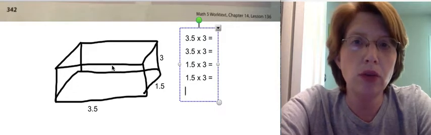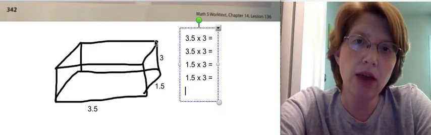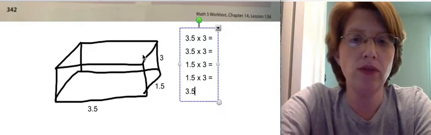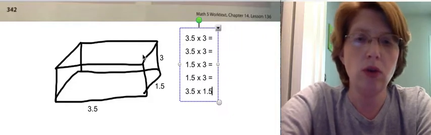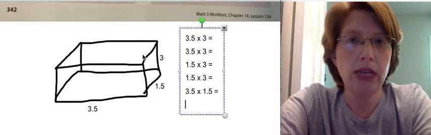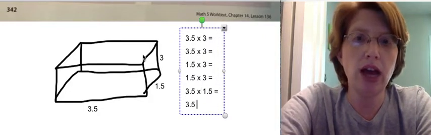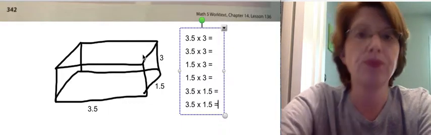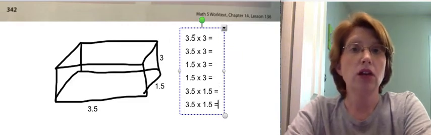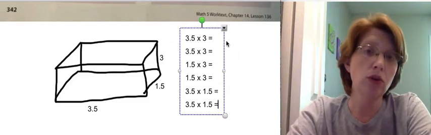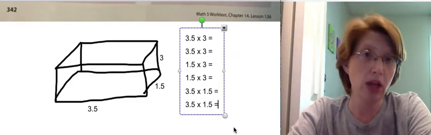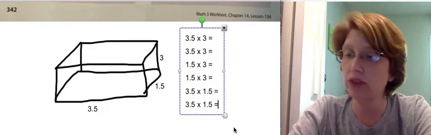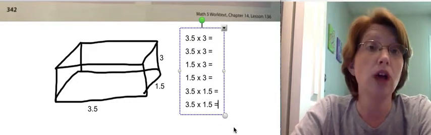So it would be 3.5 by 1.5. 3.5 times 1.5, and we need that twice. 3.5 times 1.5. Okay, so you figure out all those, you multiply them, you add them all up, and that gives you the answer for how much paper will cover the box.